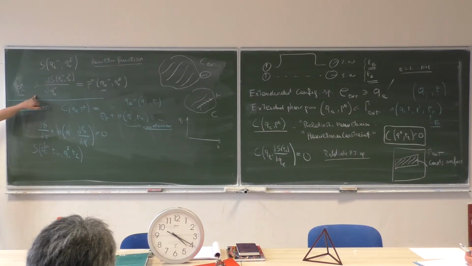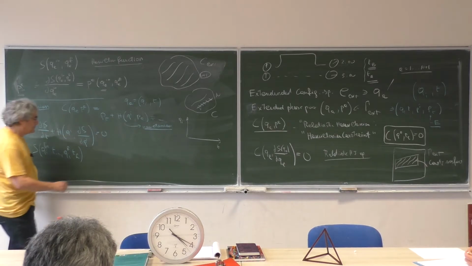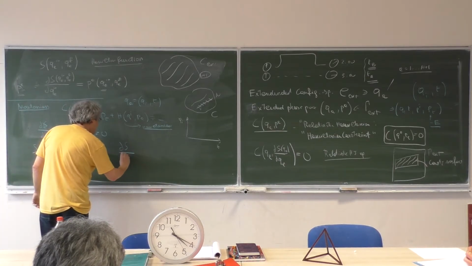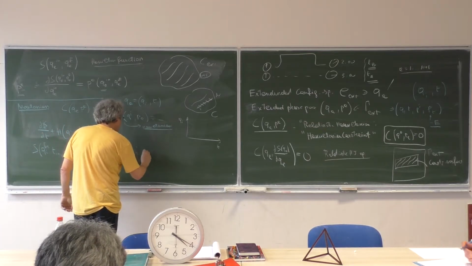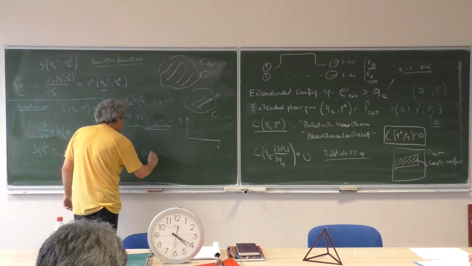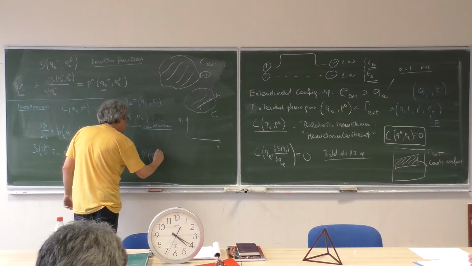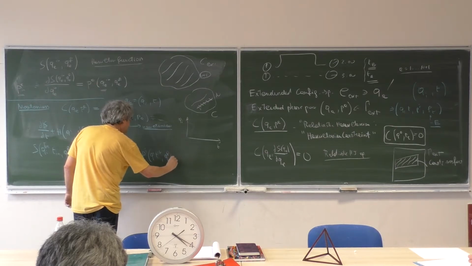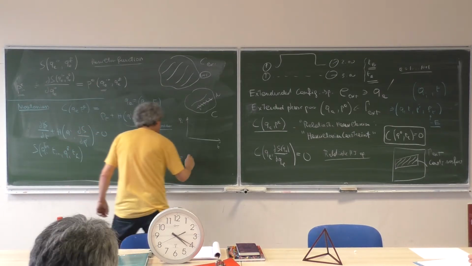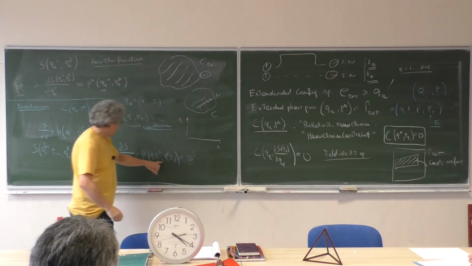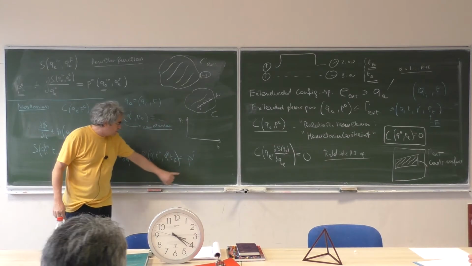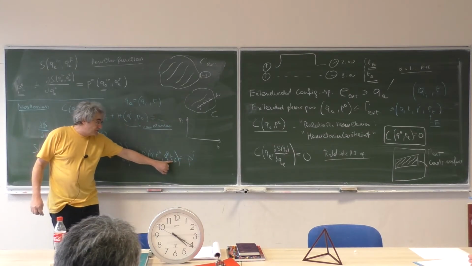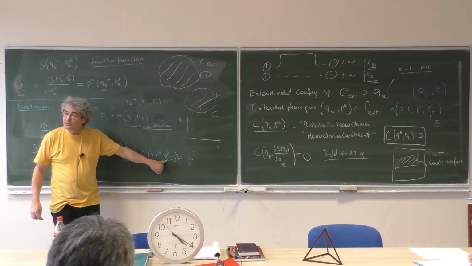And if you do that, if you write dS over dq_i, which is a function Pi of q initial, t initial, q final, t final, equal to a constant p_i, then you get, for each initial position and initial momentum, initial time, and for each final time, a value of q_i.